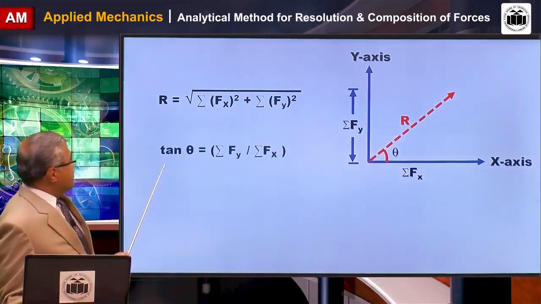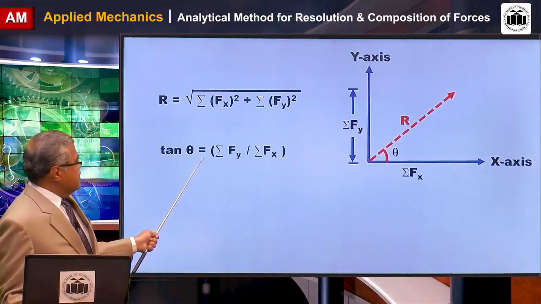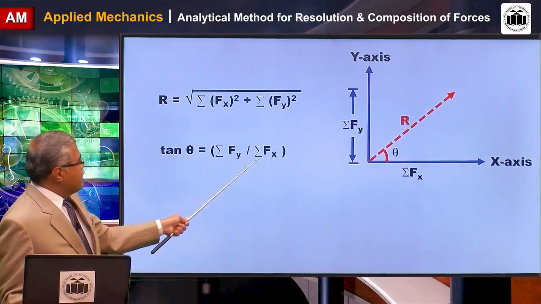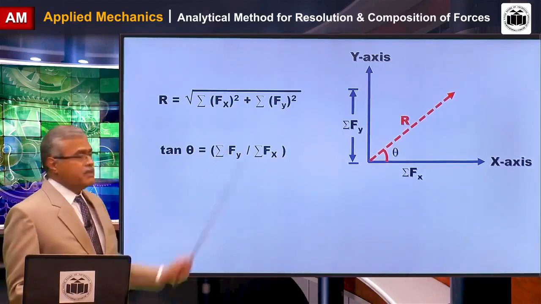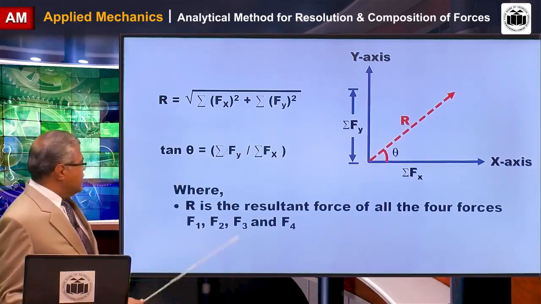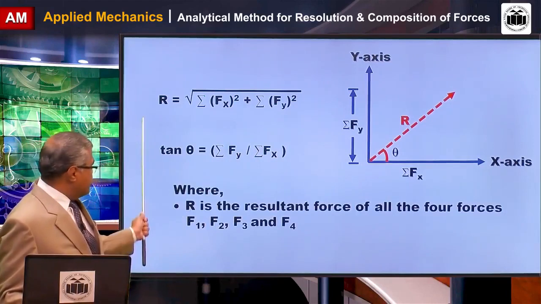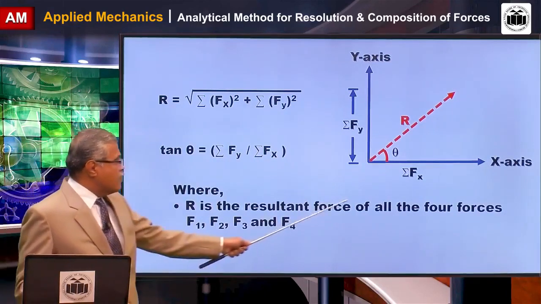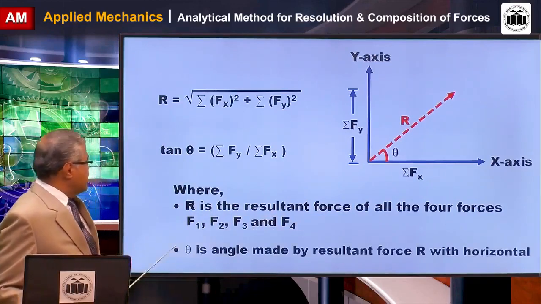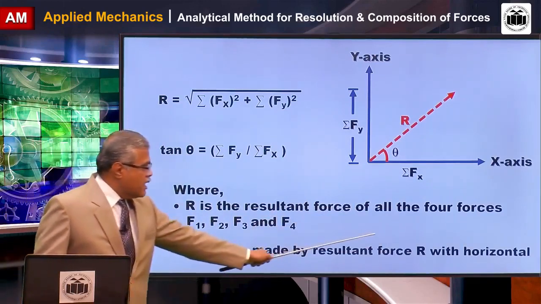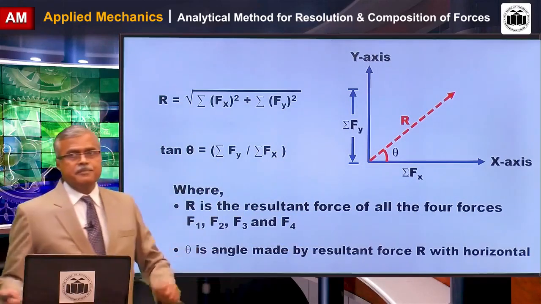This theta can be determined by this equation: tan theta is equal to summation Fy divided by summation Fx. Here R is the resultant force of all the four forces F1, F2, F3 and F4, and theta is the angle made by the resultant force R with the horizontal.